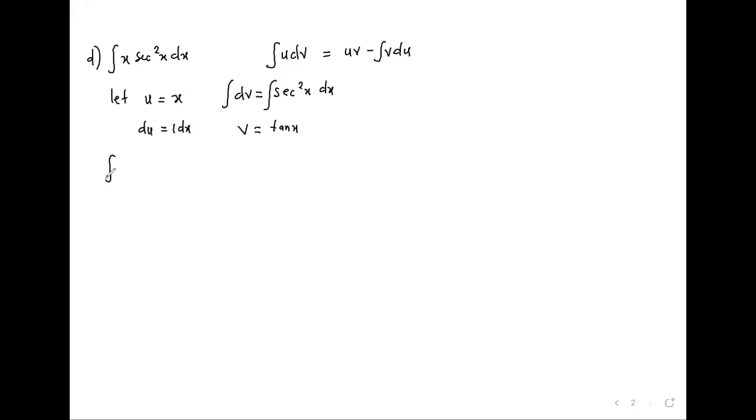So now we're saying the integral of x sec squared x dx is equal to uv, which is x tan x, minus the integral of tan x dx.